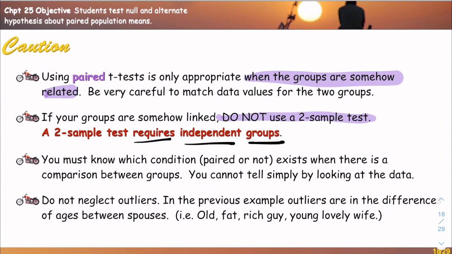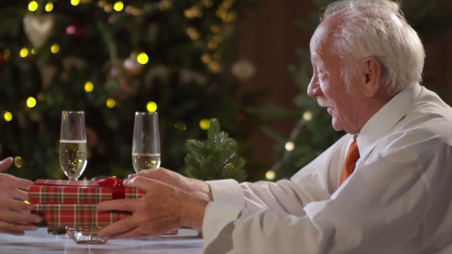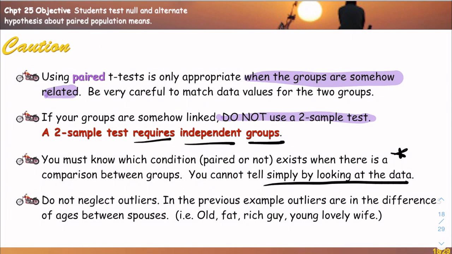You must know which condition, paired or not, exists when there is a comparison between groups. You cannot tell simply by looking at the data, so you've got to know. Do not neglect outliers. In the previous example, outliers are in the differences of ages between spouses, i.e., an old rich guy with a young lovely wife, or vice versa.